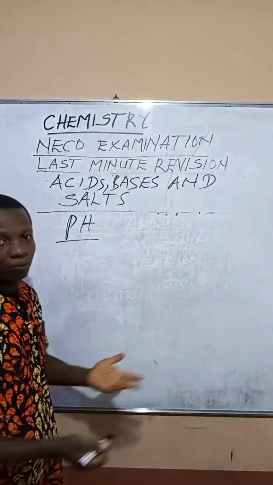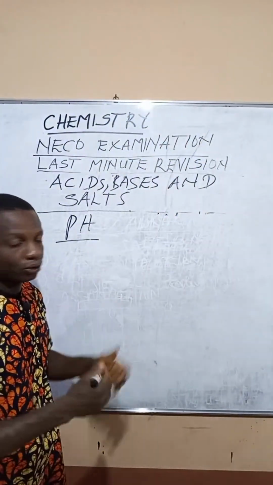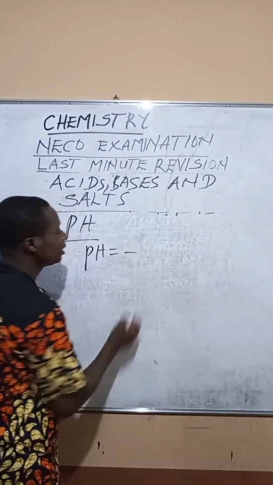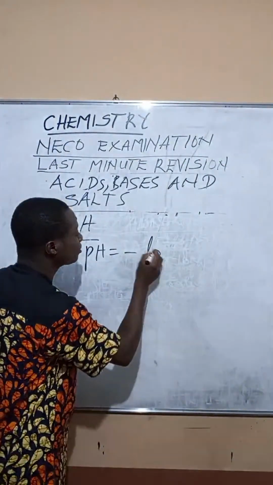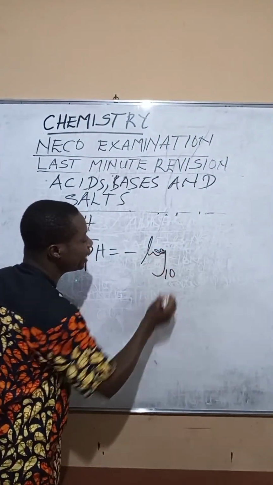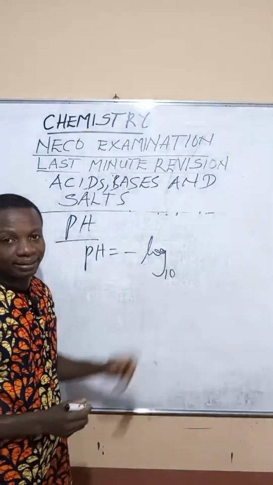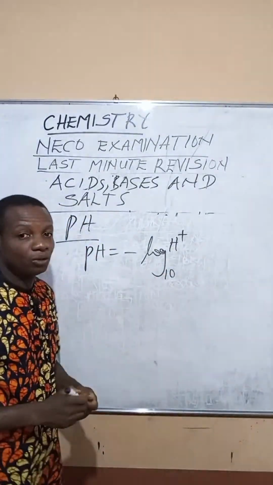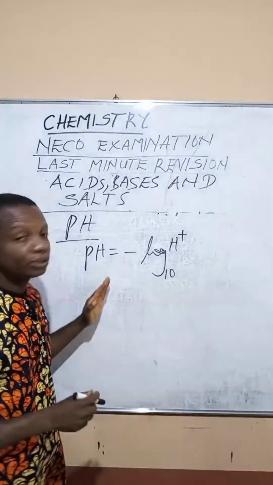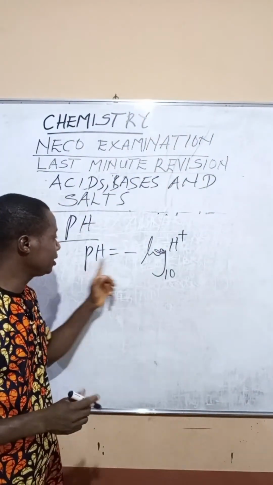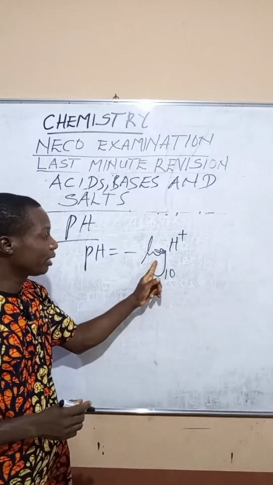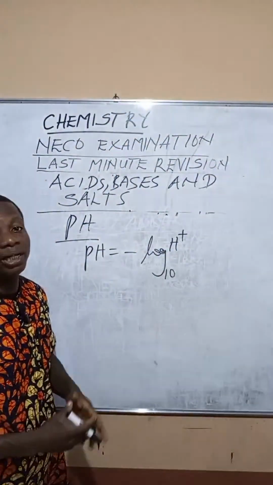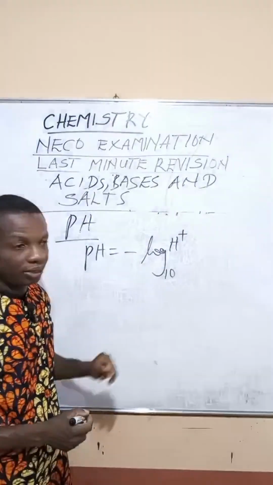It is written as the negative logarithm to base 10 of the hydrogen ion concentration of a solution. That is the pH of the solution.